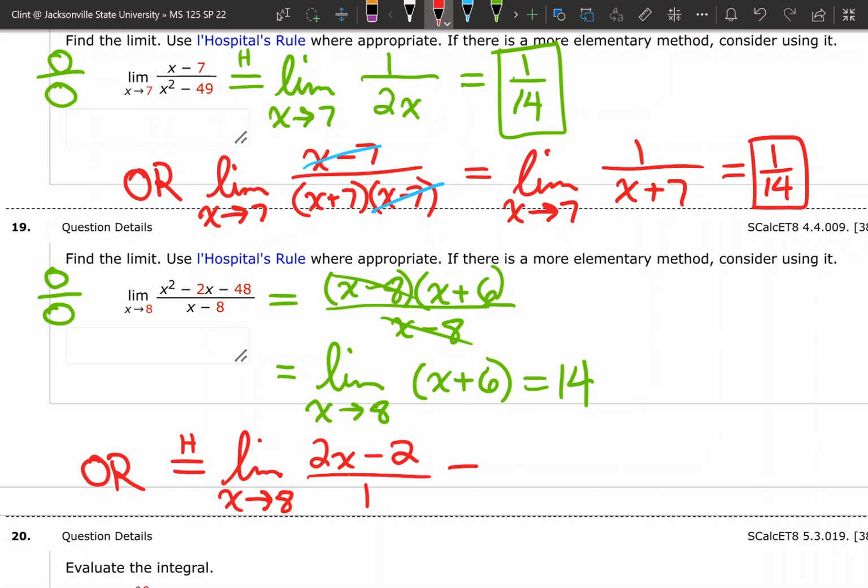We could use direct substitution. We get 16 minus 2 on the top, so we get 14 that way as well. If it's a high pressure situation, it's kind of nice to be able to do both and see that they come out the same. Like a test.